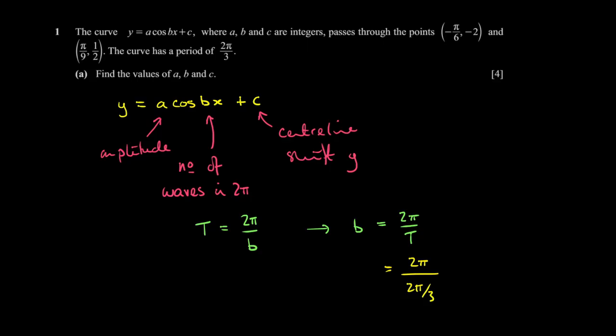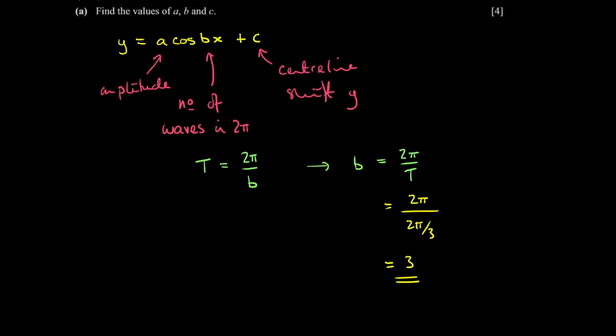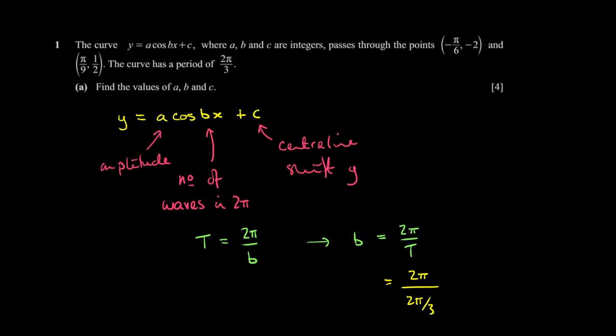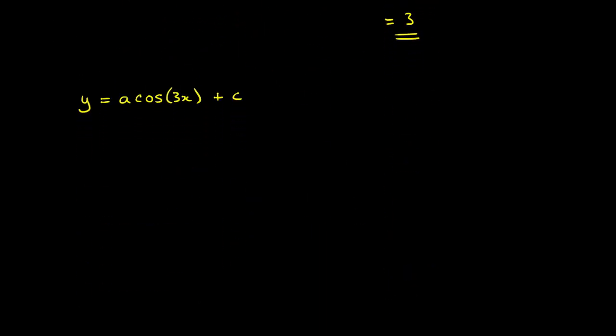Okay, well, how can we move on from here? We now know that b is 3, so we know that our curve is going to look something like this: a cos 3x plus c. And we're given 2 points. The first point is negative pi by 6 and negative 2. So we can substitute that into our equation.